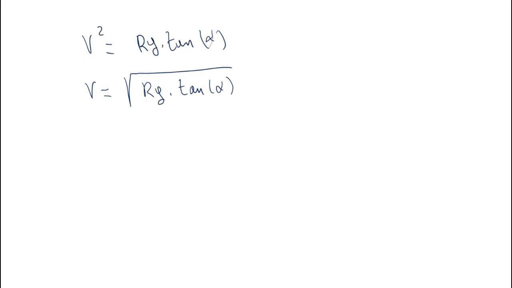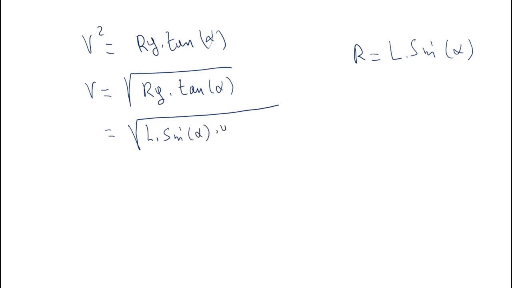Now let's replace r. We said r is the length of the string times sine of alpha. If I replace r here, it will be just the square root of length times sine of alpha times g times also tangent of alpha. We can replace tangent of alpha with sine of alpha over cosine of alpha again if we want to.